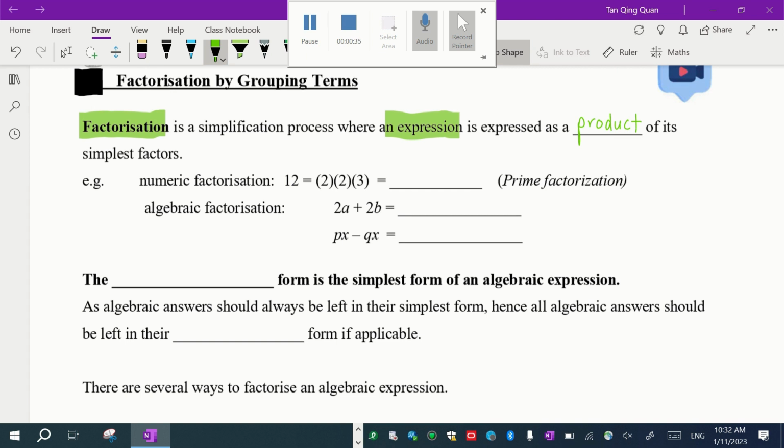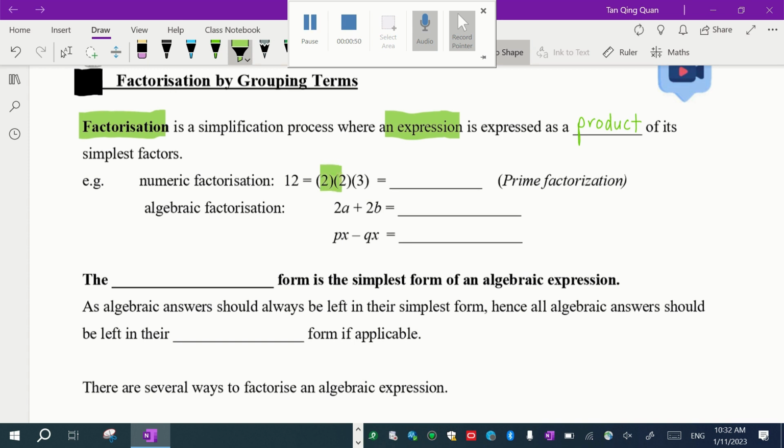So if it is purely numeric factorization, for example 12, then 12 can be written as 2 times 2 times 3.